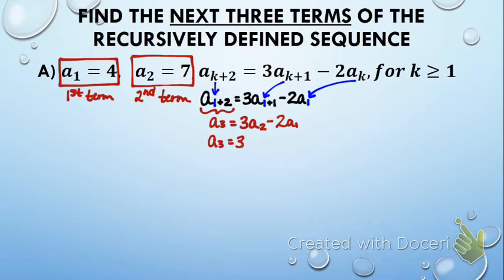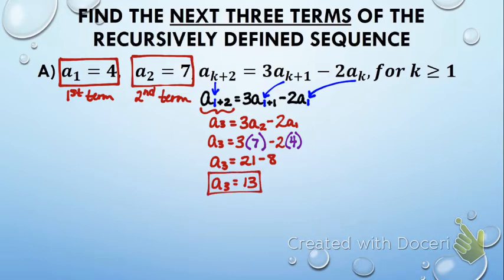What is our second term? 7. Minus 2 times the first term. What's the first term? 4. 3 times 7 is 21, minus 8. So what is the third term in this sequence? 13.